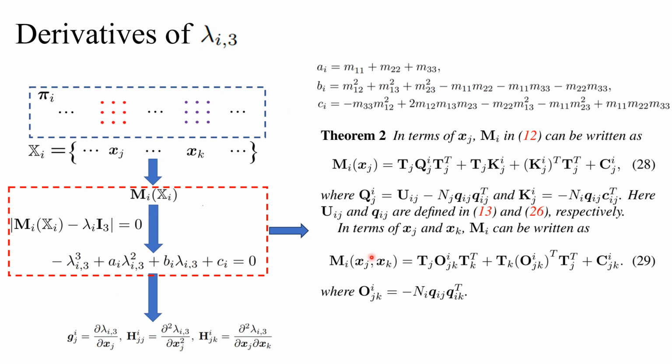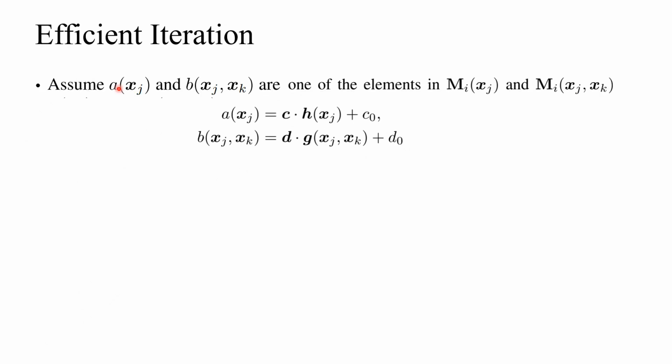With these formulas, we can easily compute the first-order and second-order derivatives of the coefficients ai, bi, and ci with respect to the poses xj and xk. Assume a(xj) and b(xj, xk) are one of the elements in Mi(xj) and Mi(xj, xk) respectively. Using theorem 2, we can easily write a(xj) and b(xj, xk) as this.